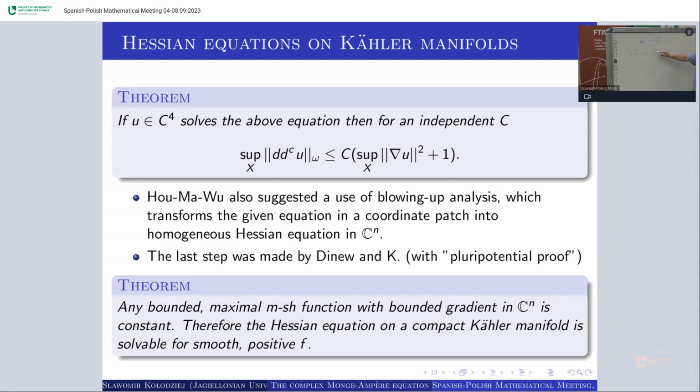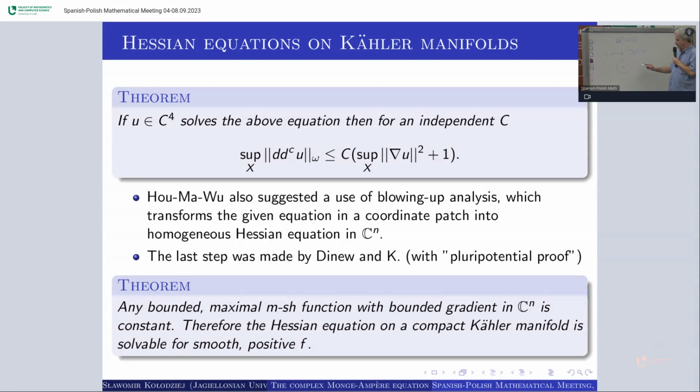What you can do in this case, well, first of all, passing to a subsequence, you can find a point in your manifold, call it 0, such that the points where this maximum of the gradient is attained converge to this. We pass to the subsequence. And we are in some chart.